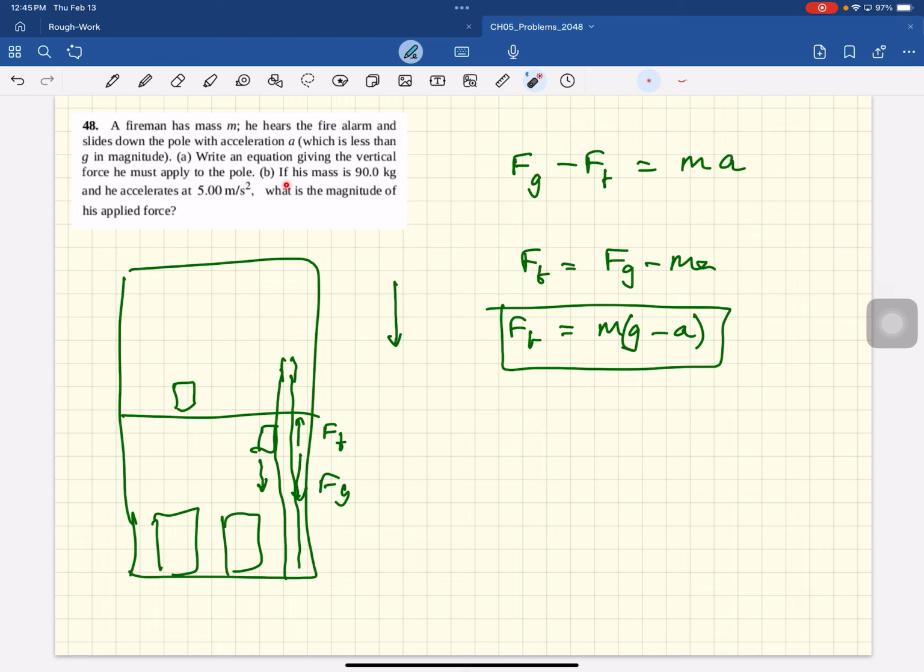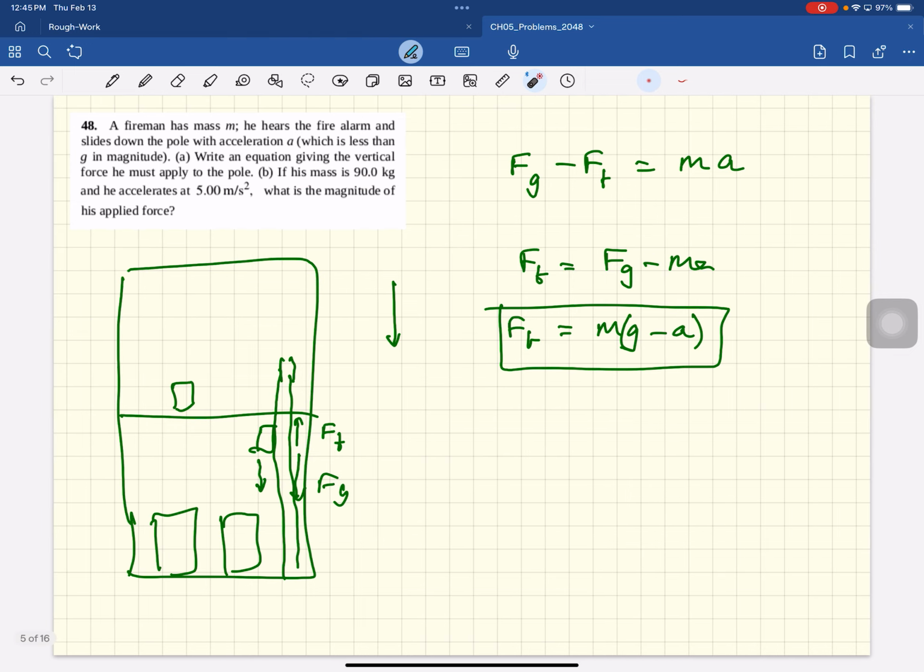Now, if his mass is 90 kg, we'll do that in a second, and he wants the acceleration to be 5 meters per second squared. 5 meters per second squared is roughly half g. The force you would have to apply is g minus half g, which is half g, half his weight.